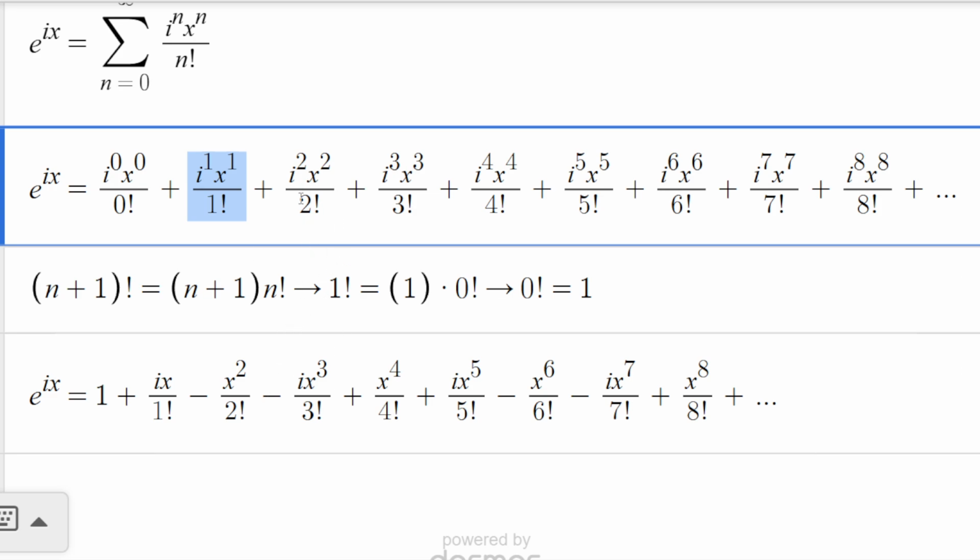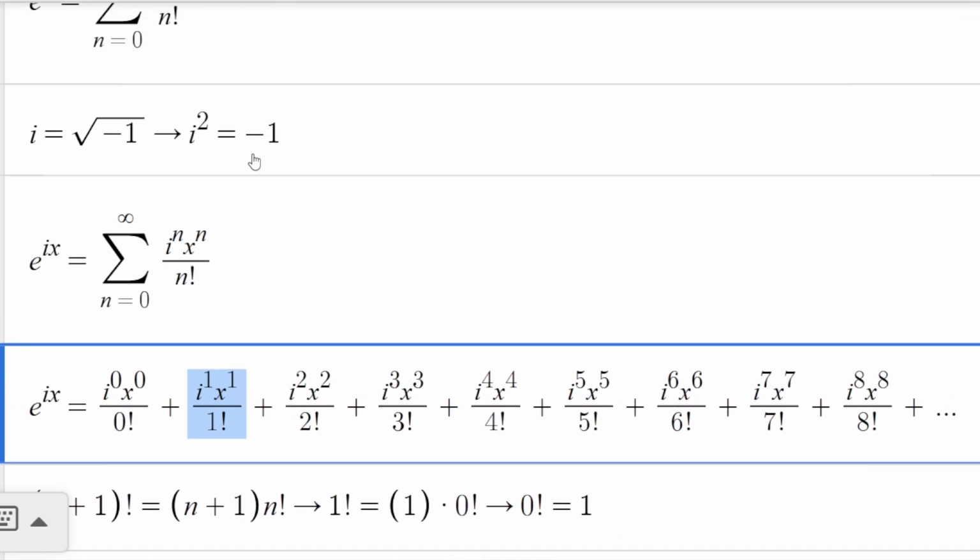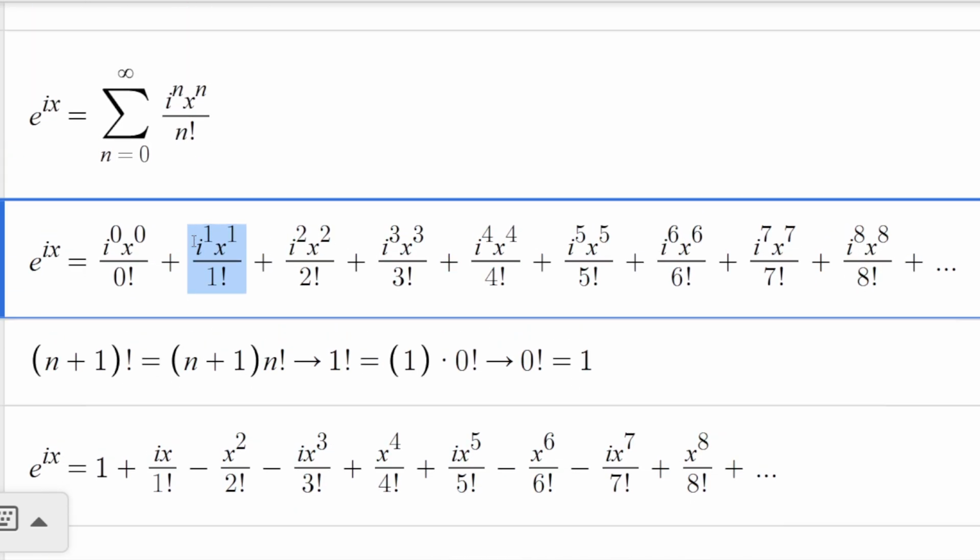Okay, our next term, we have an i squared. Remember, i squared is -1 because we defined i to be the square root of -1. So this term right here just turns into minus x squared over 2 factorial. And then don't forget up here, what we really have here is an i times i squared, and i squared is -1.